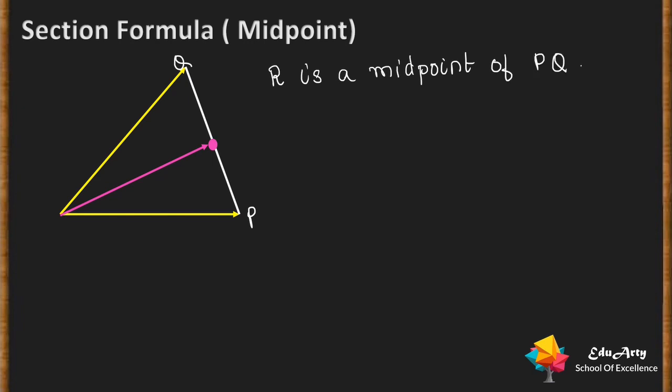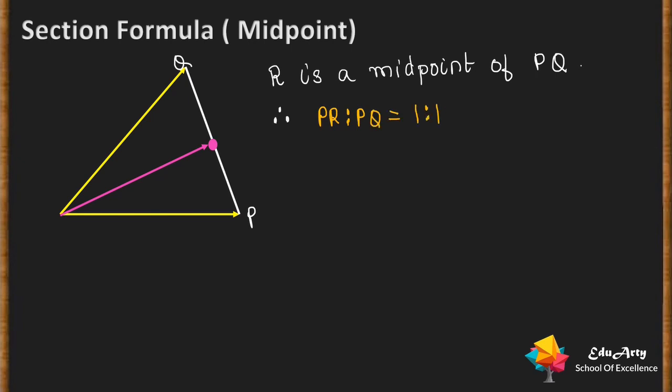Okay. Therefore, can we say that PR is to PQ कितना आएगा? Therefore PR is to PQ is always in the ratio of 1 is to 1 since it's a midpoint. Correct?